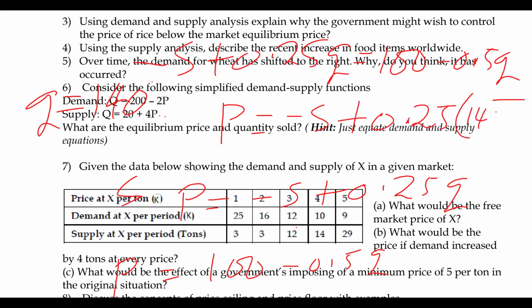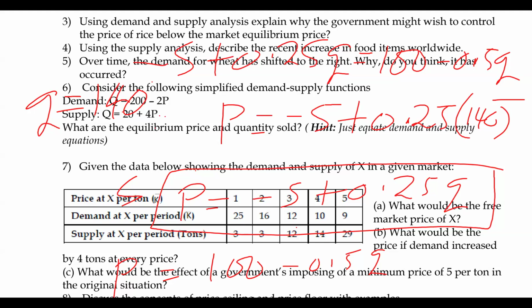Q is 140. You can start working out: -5 plus 0.25 times 140. We are using the inverted ones, because they are the ones that give us price as the subject.